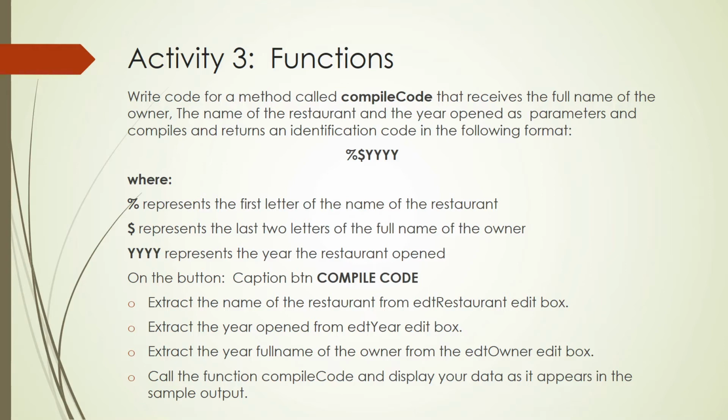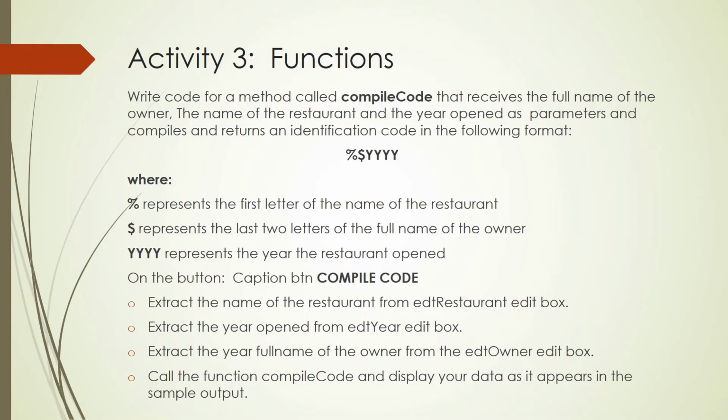Okay, so the problem entails: write code for a method called compile code that receives the full name of the owner, the name of the restaurant, and the year the restaurant was opened as parameters, and compiles and returns an identification code in the following format.